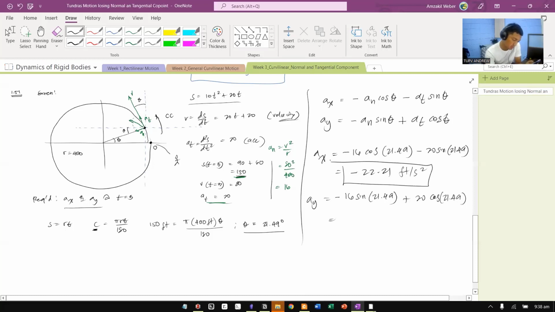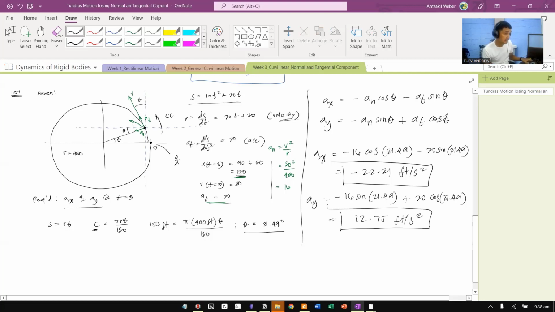And for AY, negative 16 sine 21.49 plus 20 cosine 21.49. This should be positive, 0.75 feet per second squared. So these are the answers.